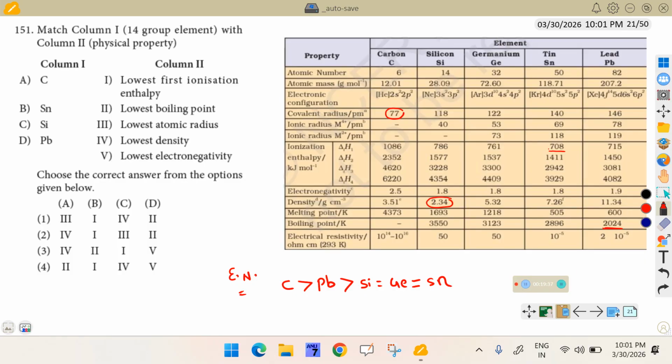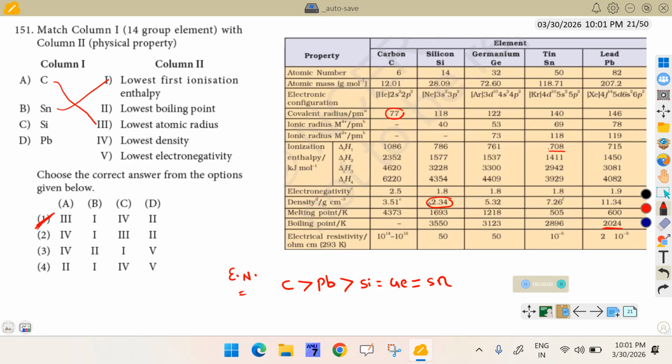Match the following. Carbon covalent radius, carbon atomic radius is small, lowest atomic radius, A3, only one option is present. Check the remaining. About tin, tin first ionization enthalpy is low, B1.